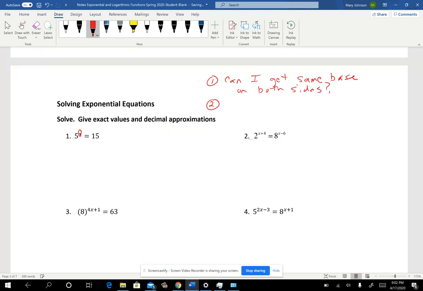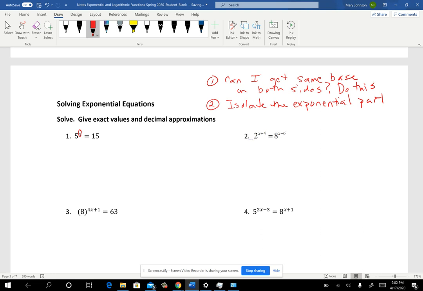Second thing you would want to do is isolate the exponential part. If you can get the same base on both sides, then you do what's on this page. But if you can't, then you're going to isolate the exponential part.